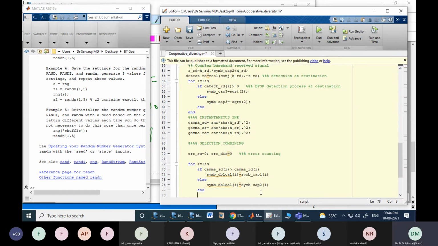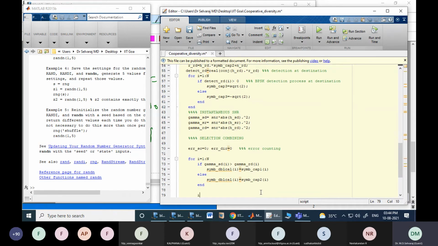Okay, now this is my final symbol. I'll just calculate whether this double-cap of the ith symbol is equal to the originally transmitted symbol. I'm just calculating the error.